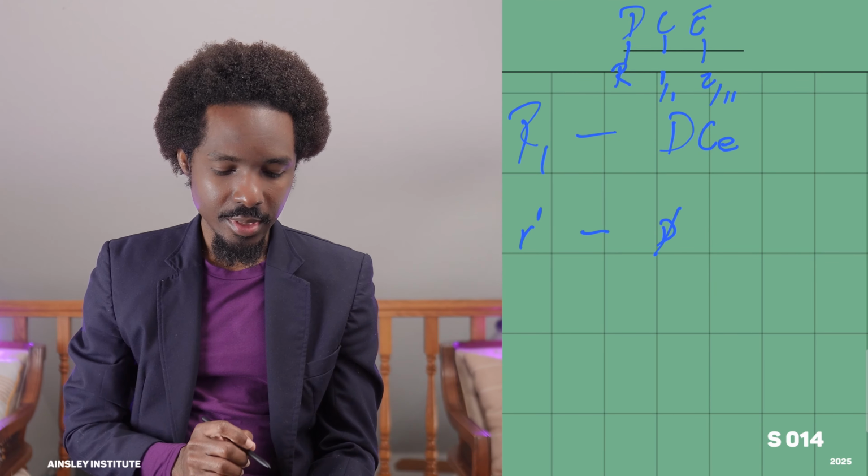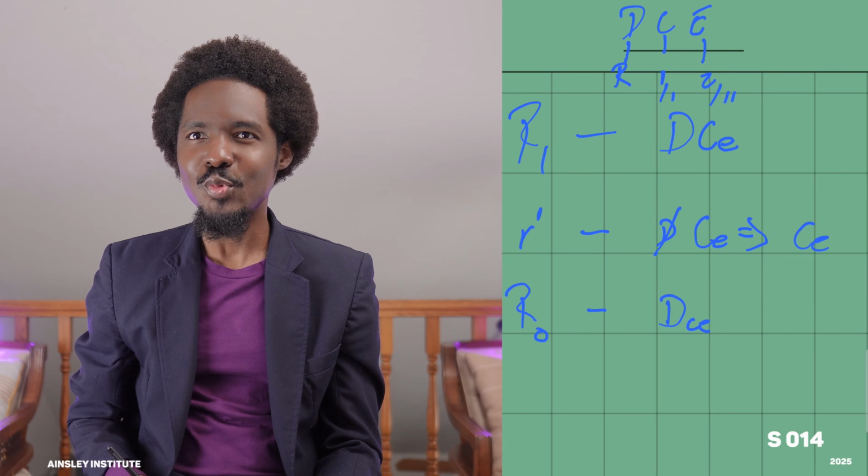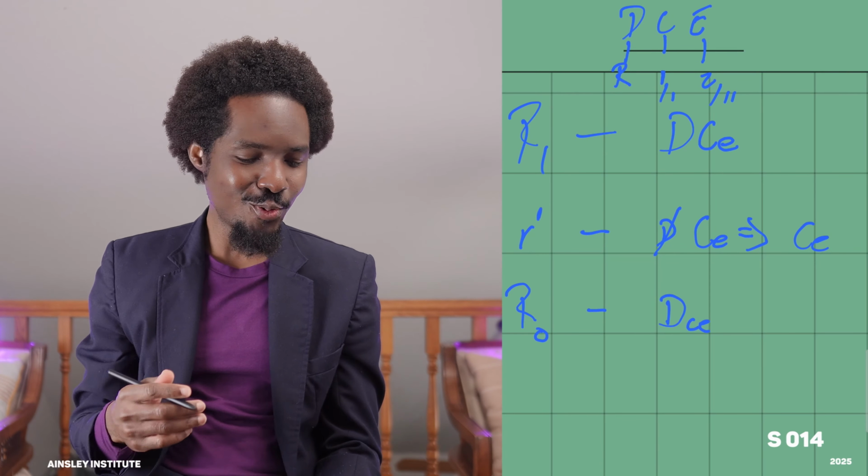We know that if there's 1, C is there. If there's no 1, then there is no big C. If there's 2, there is E. So could this mean that there is no big C and no big E? Could this be what R0 means? And actually, that is exactly what it means.